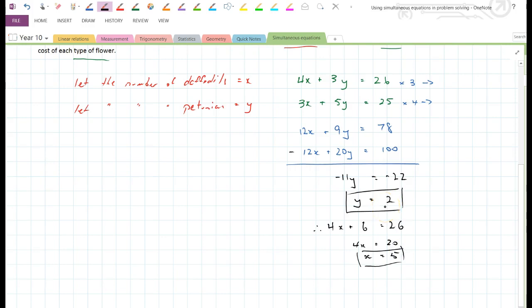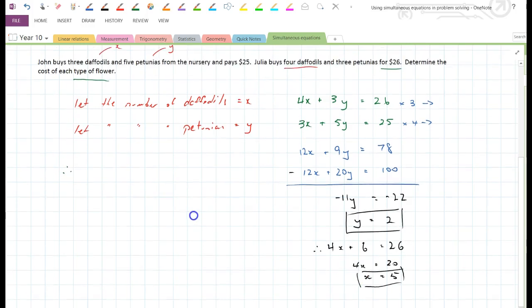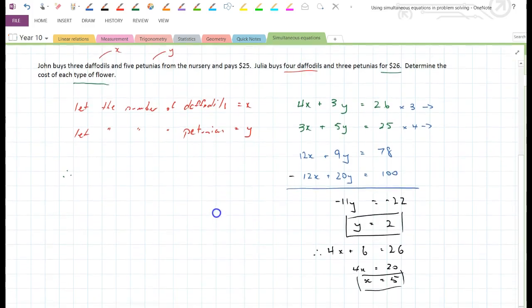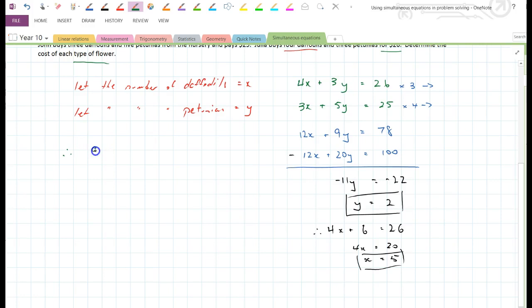What does y represent? Let's go back and answer the question. Y represents petunias, X represents daffodils. So therefore, daffodils cost $5 each, and petunias cost $2 each.